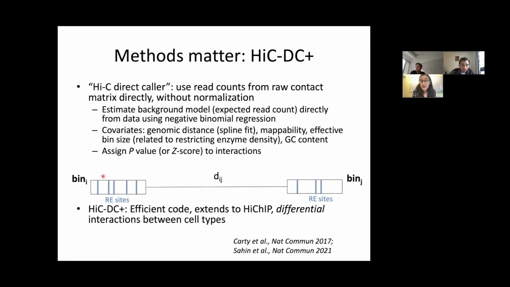But there are also other covariates like the effective size of your bin based on how many restriction enzyme sites you have, mappability, GC content. Okay, so we model these covariates and do a negative binomial regression, and we have efficient code, and it actually works nicely for HiChIP that I'm going to talk about, and we can also do differential interactions.